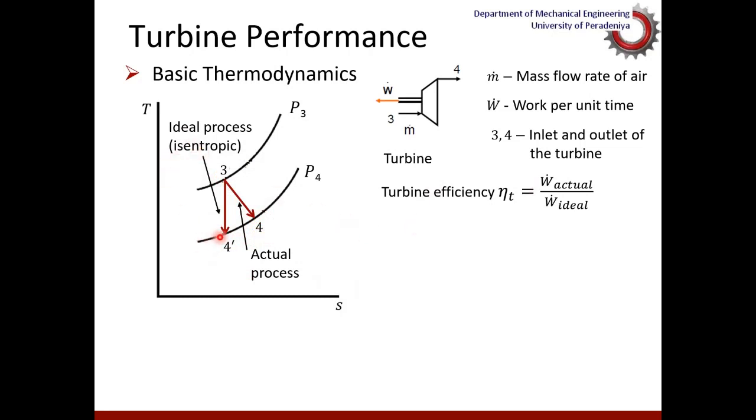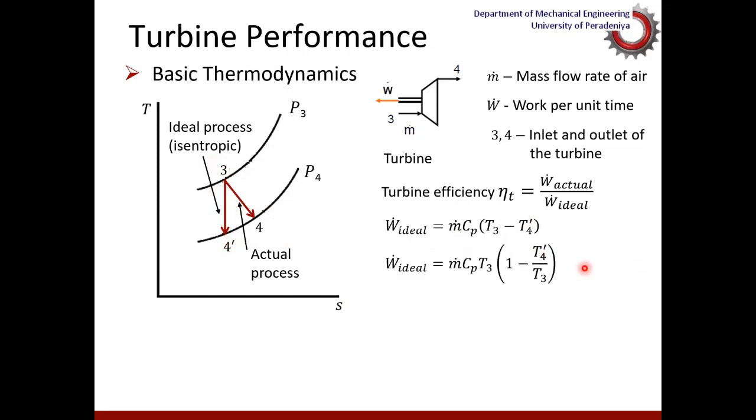Now, as before, we can initially concentrate on this ideal process. So the ideal power generated by the turbine would be m dot Cp into the temperature difference between the initial and the exit at the ideal conditions.